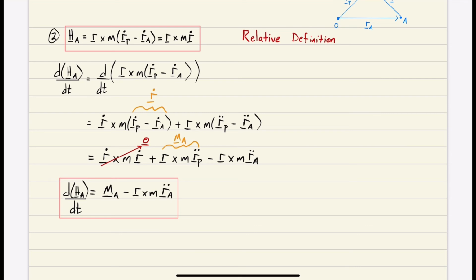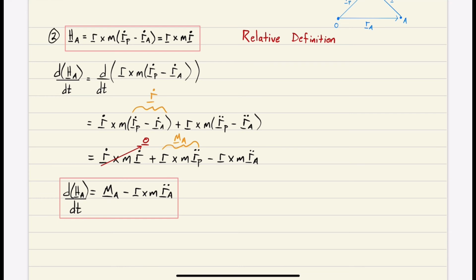If you have a vector R dot crossed with itself, a vector crossed with itself is 0. So this whole term is just 0, and we end up with just this over here. So we get R crossed with M, RP double dot, since we just distribute this cross, and then minus R crossed with M, RA double dot.